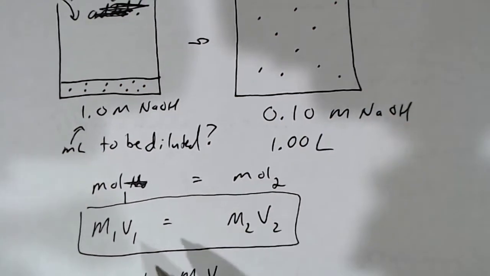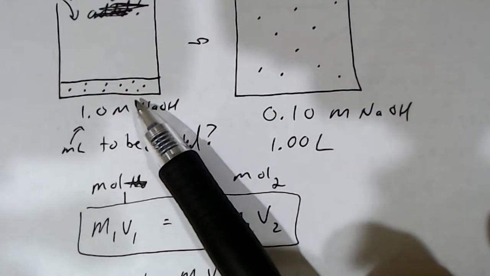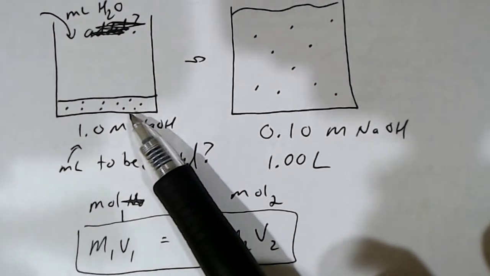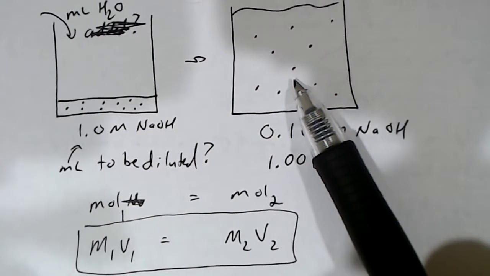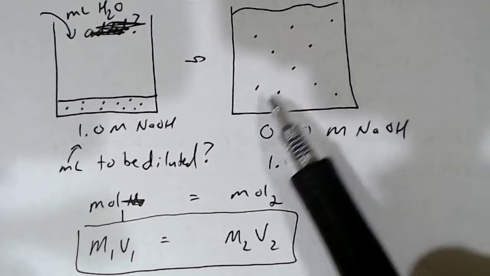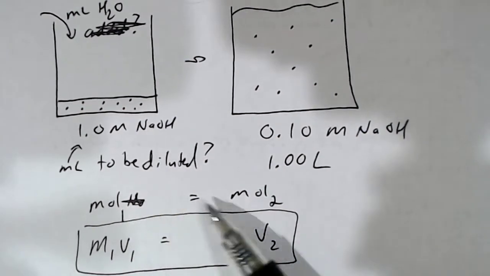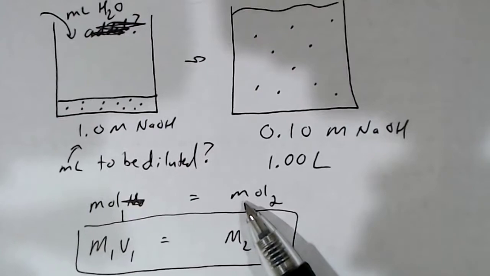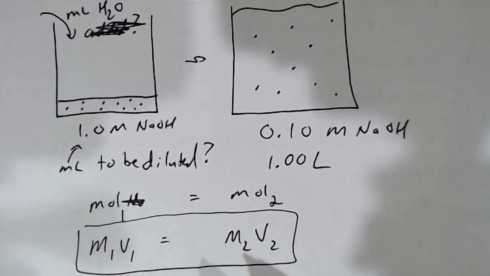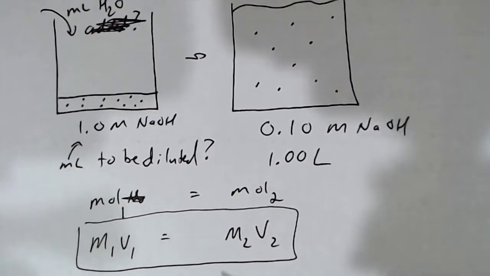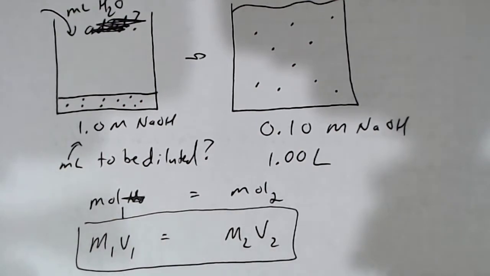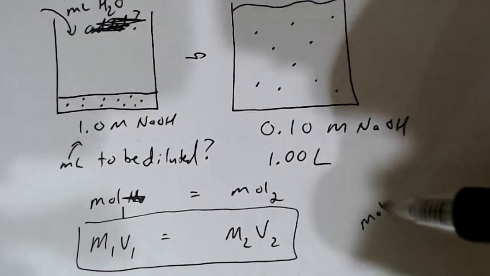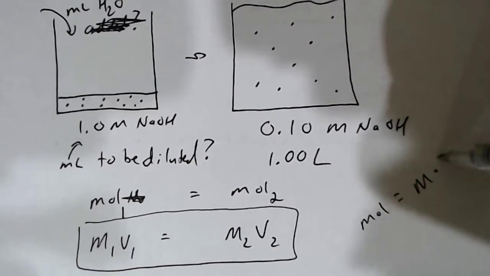It derives from the fact that if you have some amount of solute, like here these 10 dots, if you surround that with more water, you'll still have just as much solute as before. The number of moles of solute at the beginning and at the end are the same. We also know that molarity is equal to moles over liters. So you can replace that moles with molarity times liters.